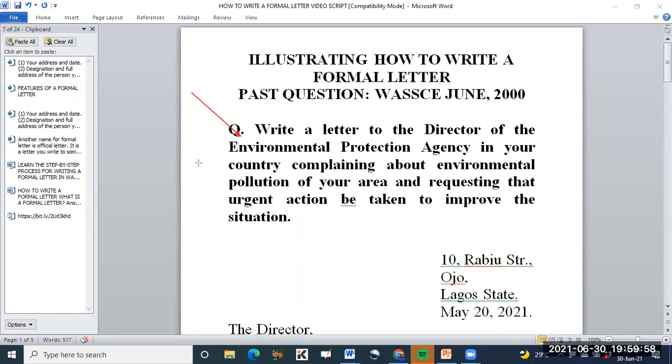Write a letter to the director of the Environmental Protection Agency in your country complaining about environmental pollution of your area and requesting that urgent action be taken to improve the situation.